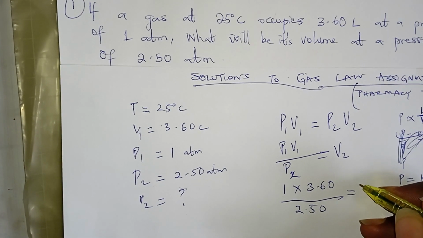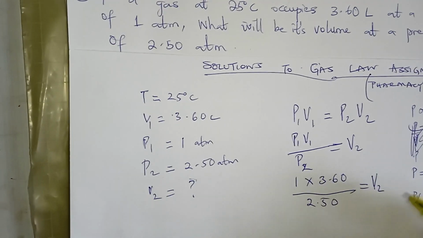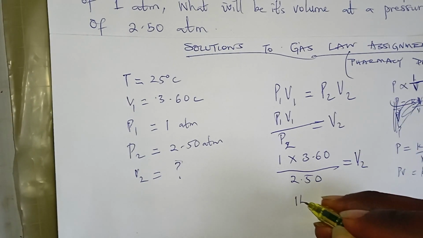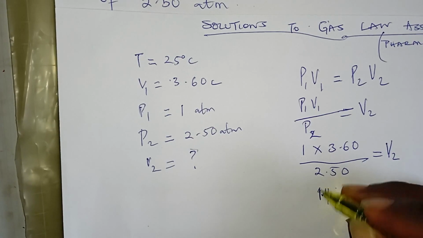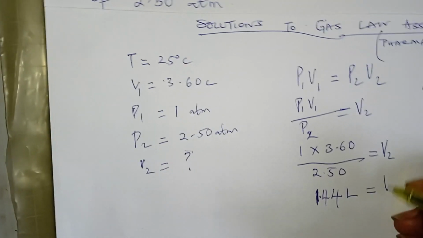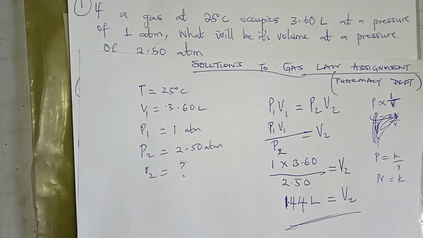Since everything is in atm and liter, I don't have to convert anything. So when I do this dividing, my V2 will be 1.44 liter. That's my V2.